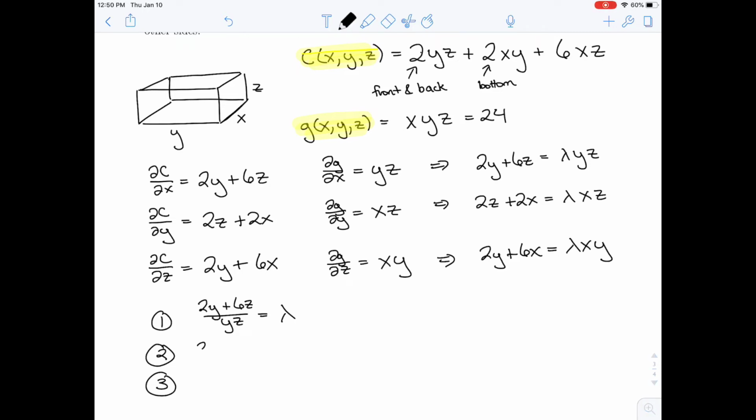The second one is that 2z plus 2x over xz is equal to lambda. And the third is that 2y plus 6x over xy is equal to lambda.